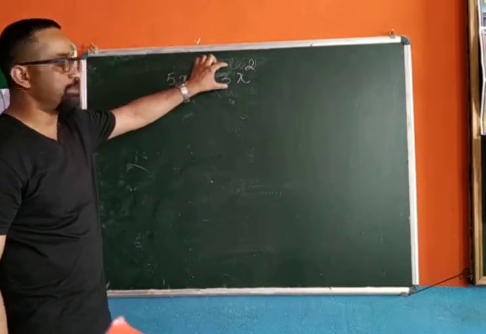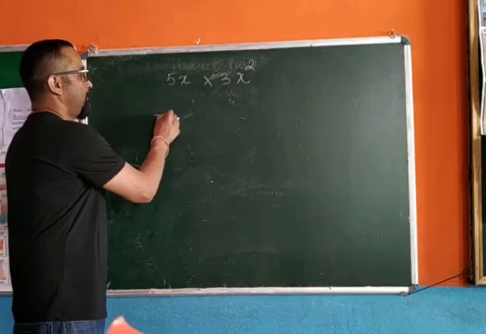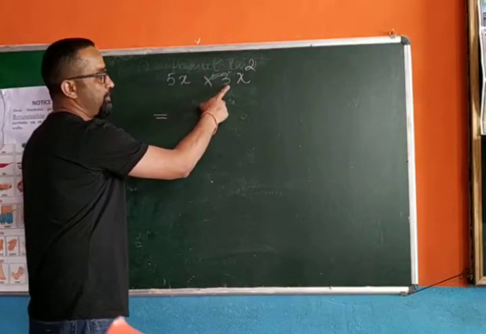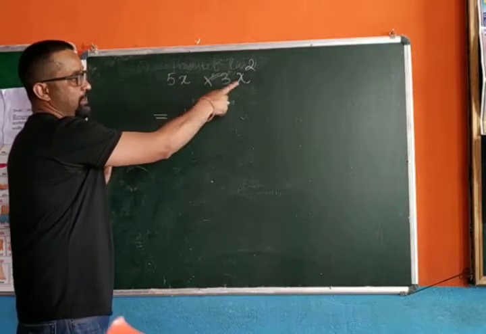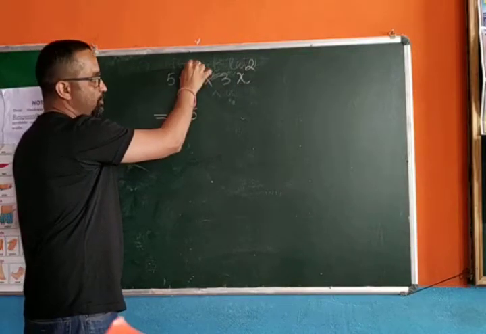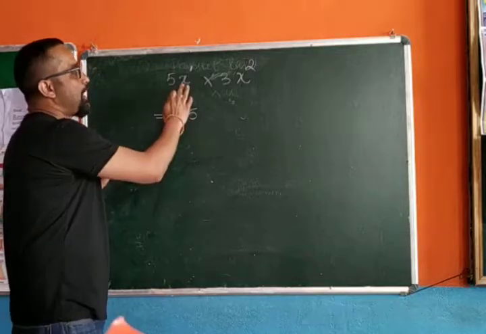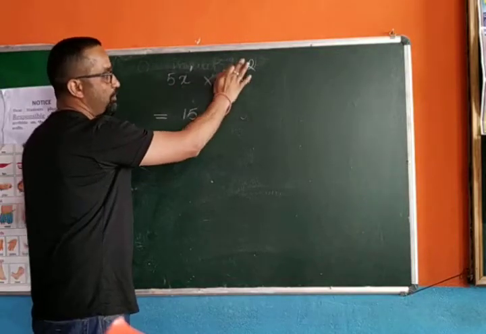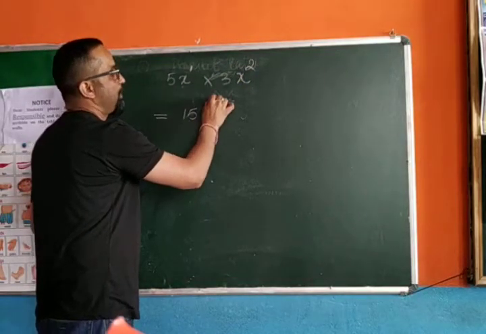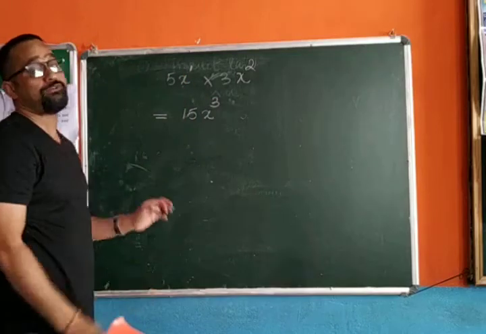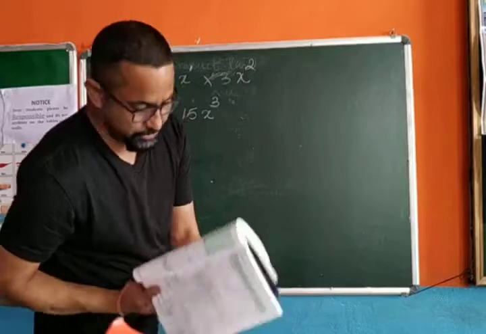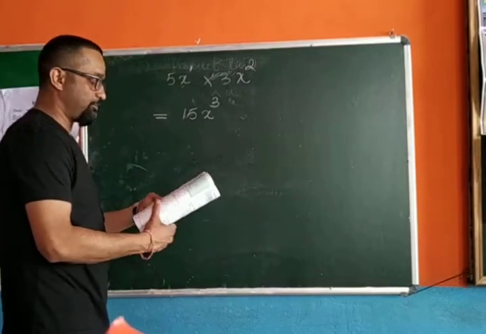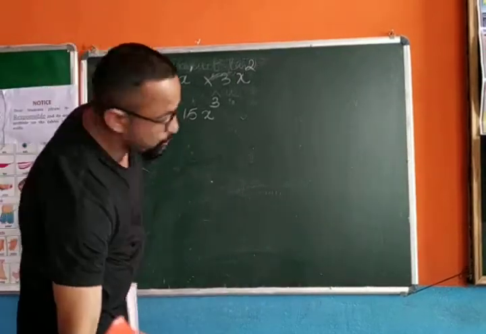Coefficient means numerals. So we multiply 5 with 3, 15. For x, we write the power as 1. We have the same base, so the powers get added up. You get x to the power of 3. This is called multiplication of a monomial by a monomial.